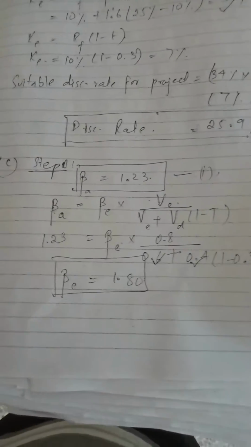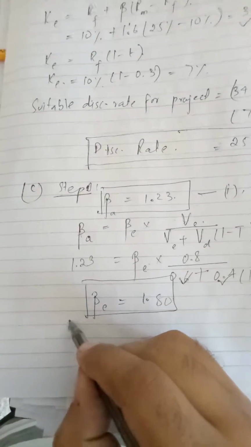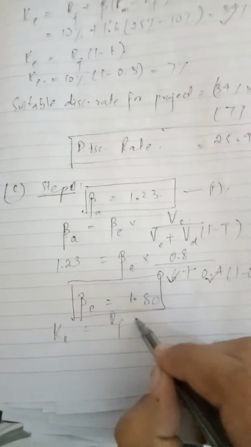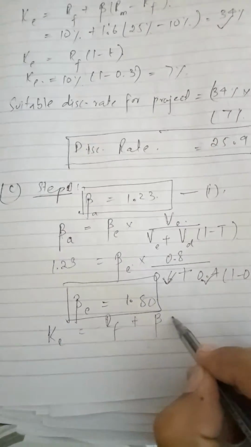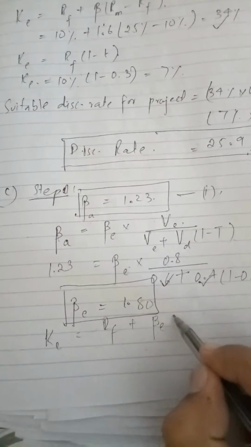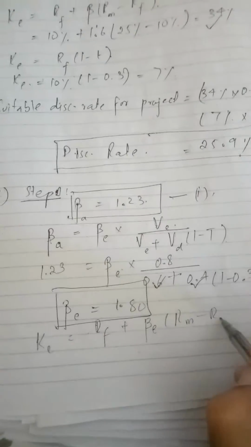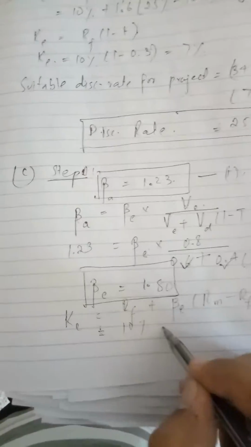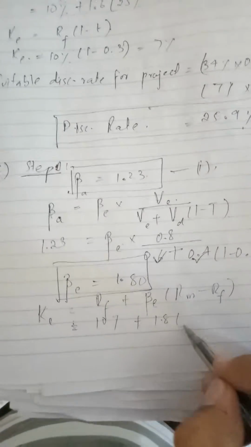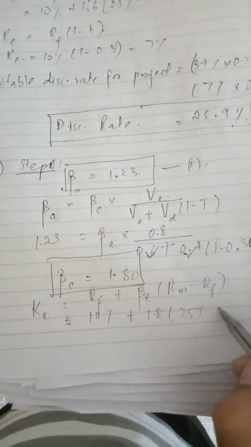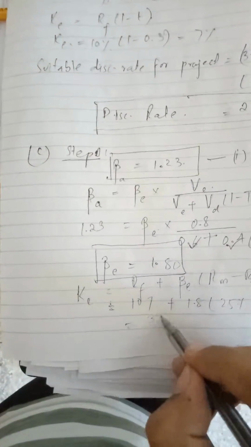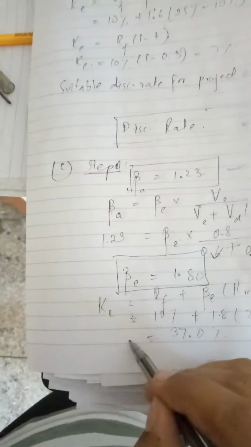Ke = RF + beta equity × (RM − RF), which is 10% + 1.8 × (25% − 10%). Doing the calculation, you find 37% Ke.